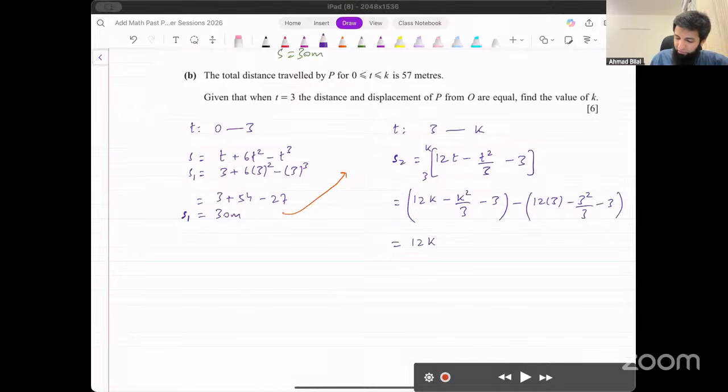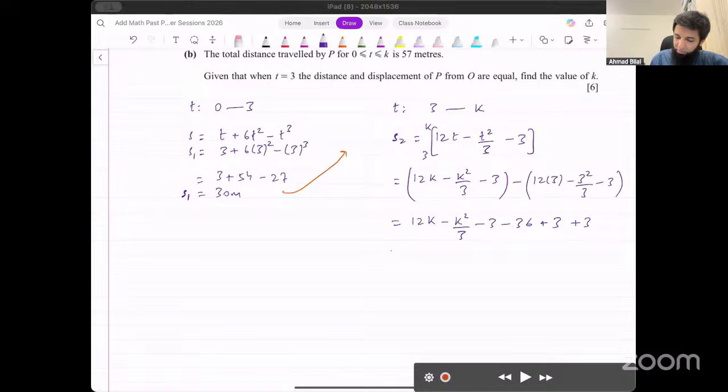Simplify this now. This becomes 12k minus k squared over 3 minus 3 minus 36 plus 3 minus 3. That becomes plus 3 as well. Let's simplify. This gives me 3 and 3 get cancelled.